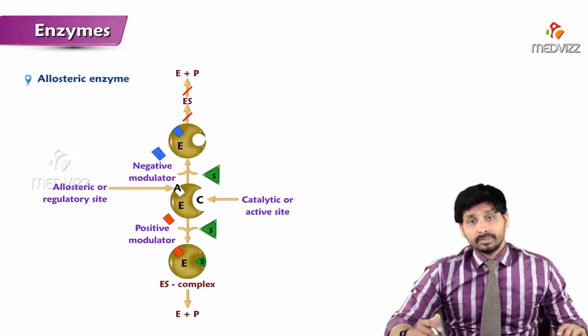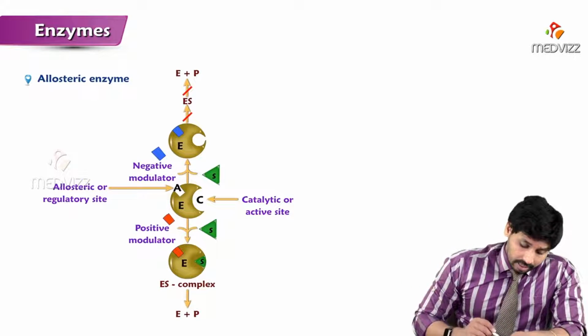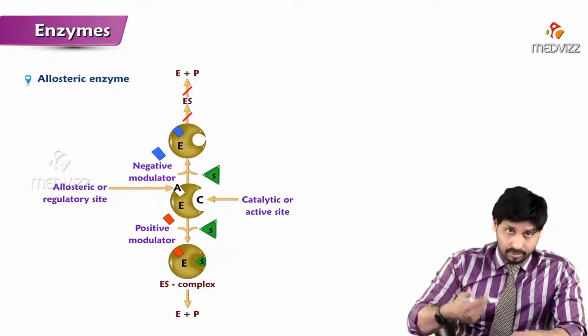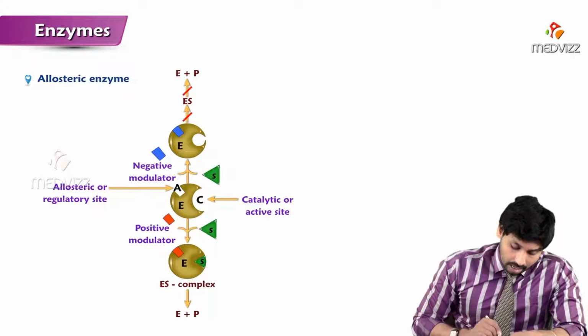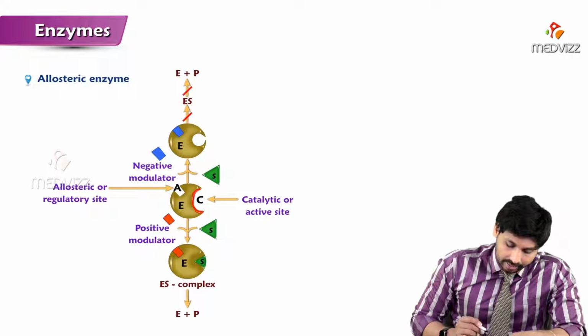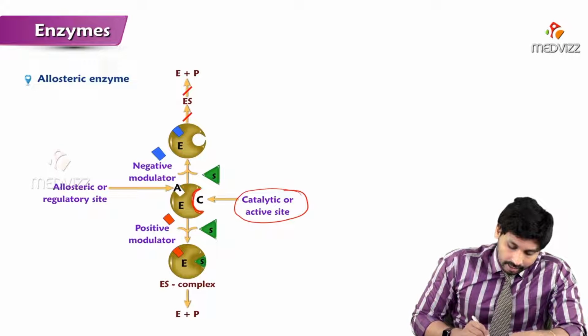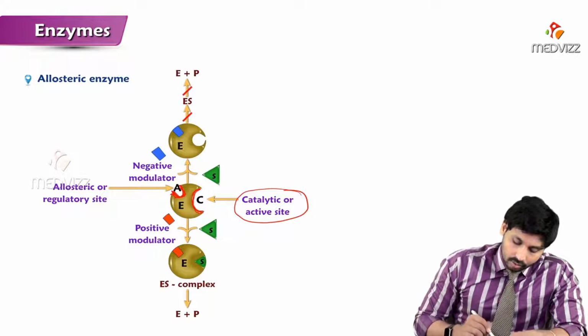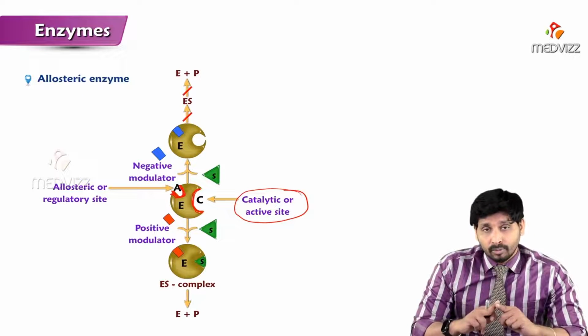You can make this out nicely in the picture of the allosteric enzyme mechanism. This blue place is the allosteric site, and this is the active site, that means the catalytic site. So there are two in allosteric regulation, the positive modulator and the negative modulator.